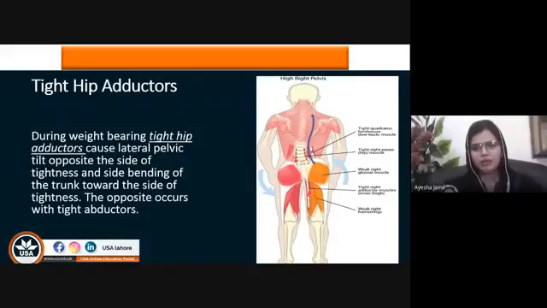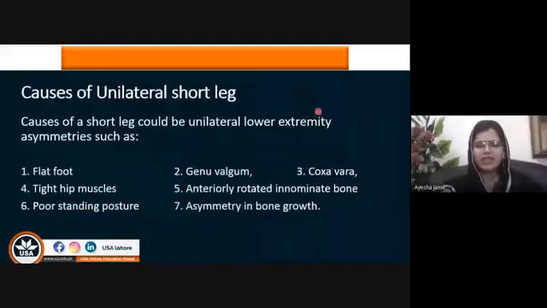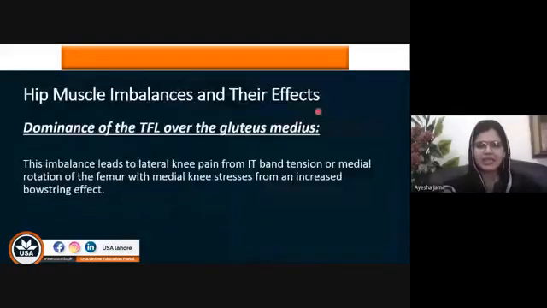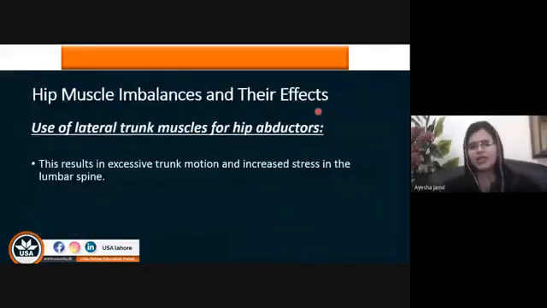If the adductors are tight, the pelvis will be elevated on that side. Similarly, the pelvis will drop to the other side, and bending of the trunk can be seen. So, with tightness in the adductor, an excessive trunk motion can be seen, and a resulting imbalance in the trunk musculature, especially the quadratus lumborum, can be seen.